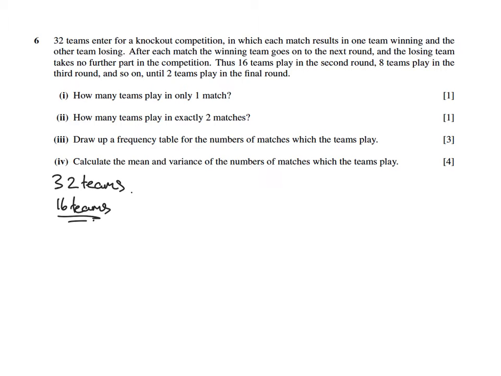So out of that, one bunch of them will be gone, meaning 8 of them will be gone. So therefore the answer for the first one will be 16. Okay, 16 teams played one match only.